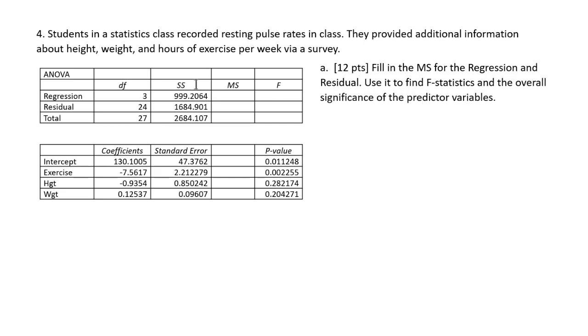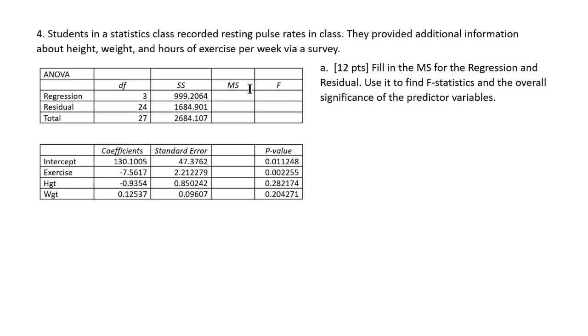Now, SS means sum of squares, where you take the difference between the data value and the average value, you square them, just like how you do variance. The only difference between variance and sum of squares is that for sum of squares, you don't divide by n. Okay?